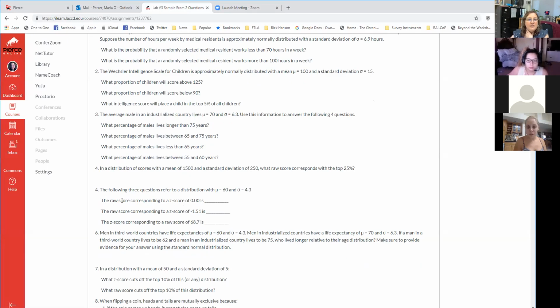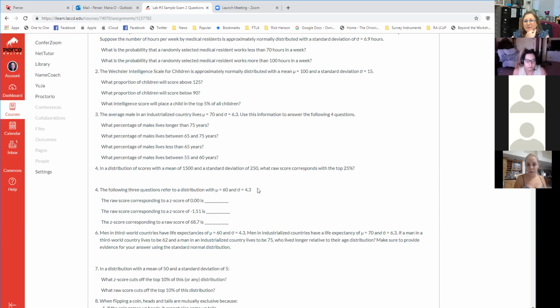This is one of the easier ones because of the formula: x is equal to mu plus z times sigma. 0 is your z, and then mu is 60 and sigma is 4.3. So it's really just a matter of plugging in numbers where they correspond. So just x equals 60.